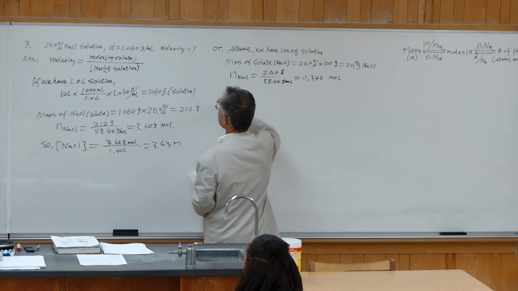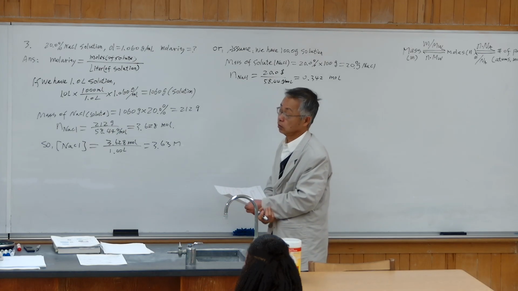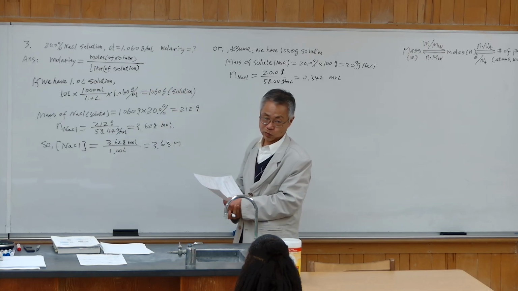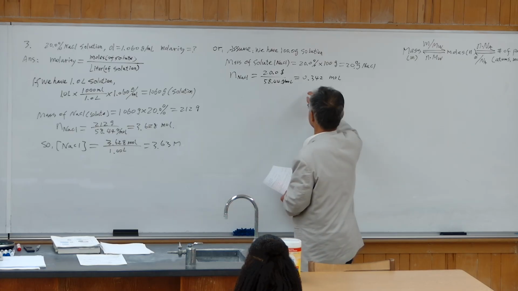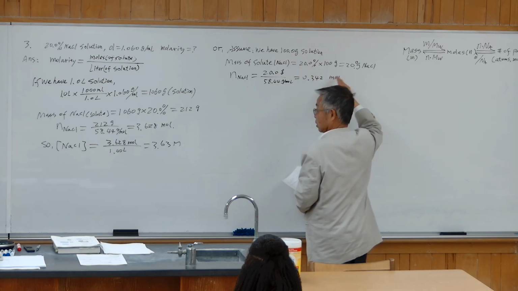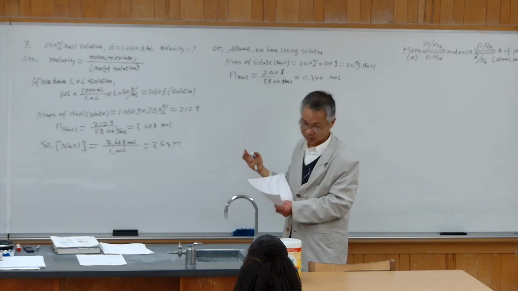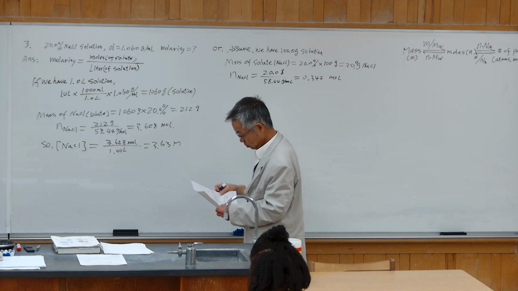Oh, sorry. We actually need liters, not kilograms of solvent, because this is molarity. We need to figure out the volume. If it were kilograms of water, this would be easy. So 100 grams minus 20 becomes 80 grams, 0.08 kilogram, but for molarity we need volume.